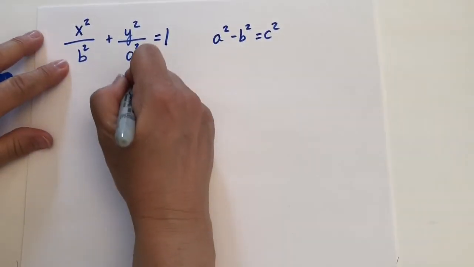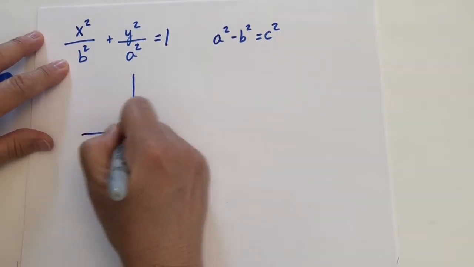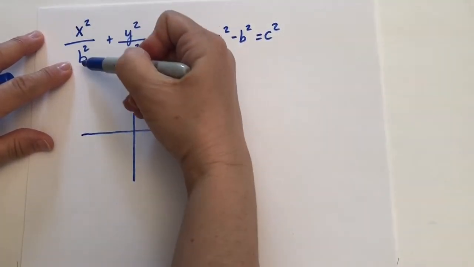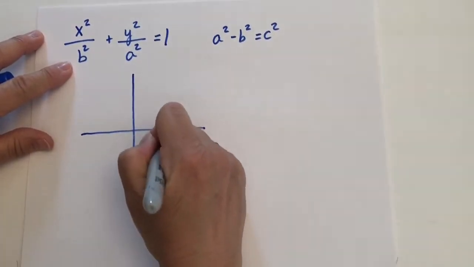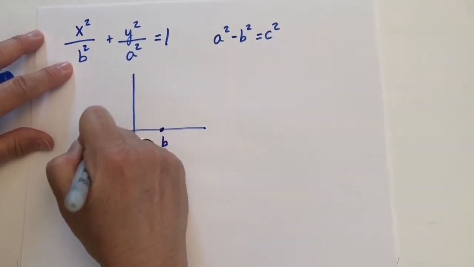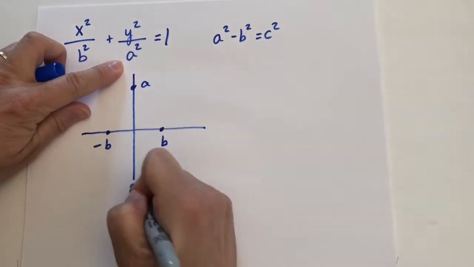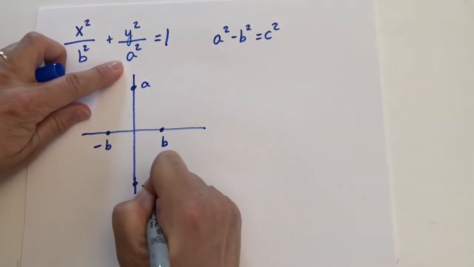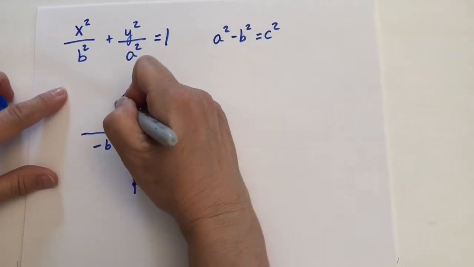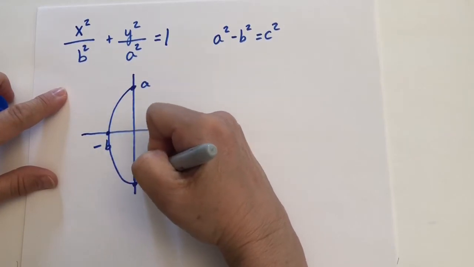This time, if you found the x-intercepts, we would find that they're at b and negative b, and the y-intercepts are at a and negative a, and our ellipse would look something like this.